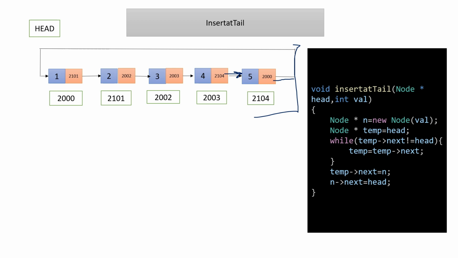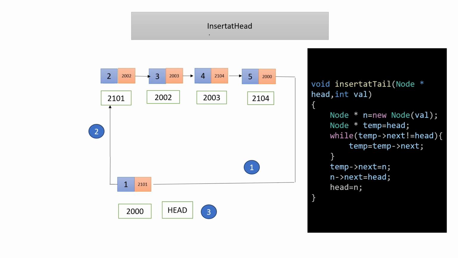Let's move forward. Now we code our insert at head function. There is a head over here. I created a new node, let's call it n, and I create a temporary node which points to head initially, and it runs until temp next is equal to our head. When it comes to the last node, first we set temp next to the new node, because it is our head now.